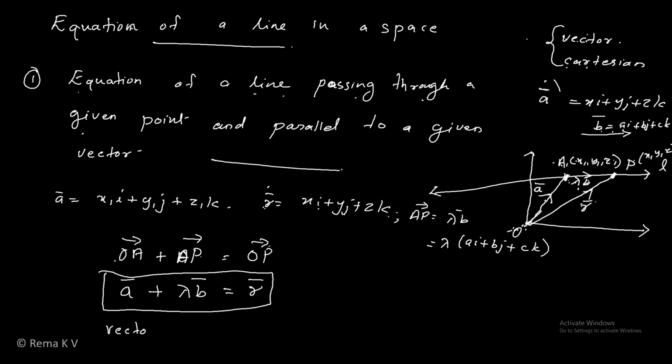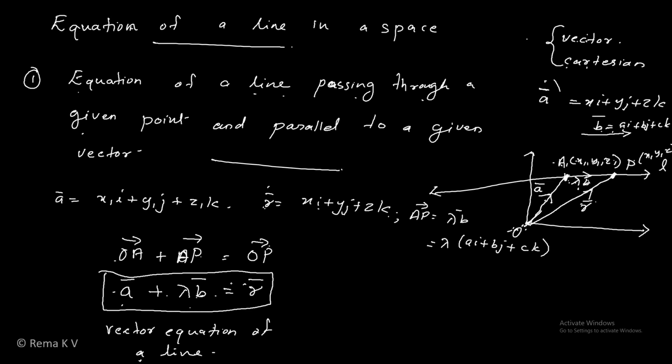Vector equation of a line: R is equal to A plus lambda B, where A is the position vector of the point given to us, and B is the vector which is parallel to the line.